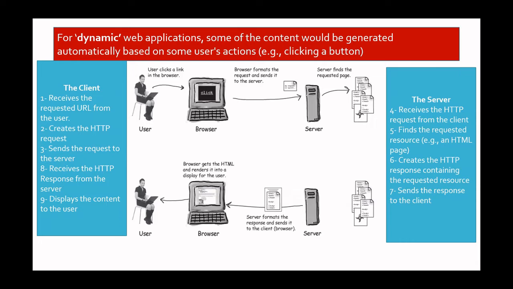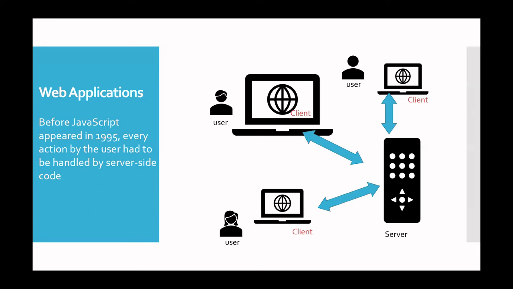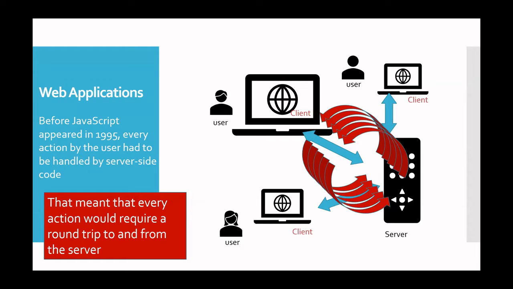You have to go through the entire cycle for every single action. That was before the introduction of JavaScript, so you can imagine how slow that was. Every action the user does or any kind of processing needed to be handled on the server, going through the entire cycle.